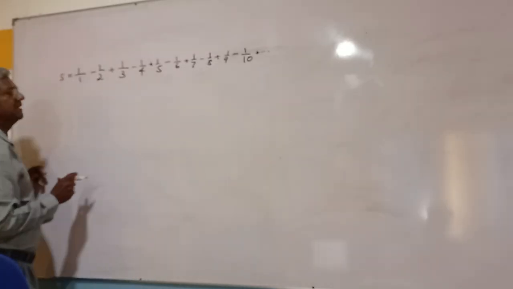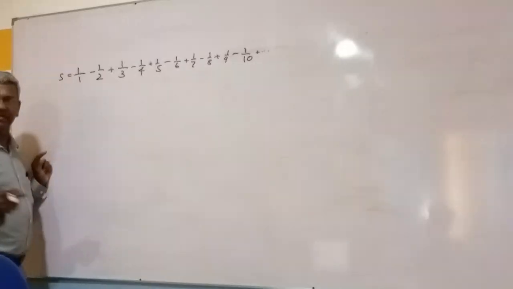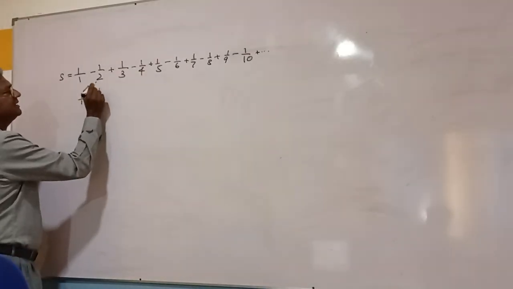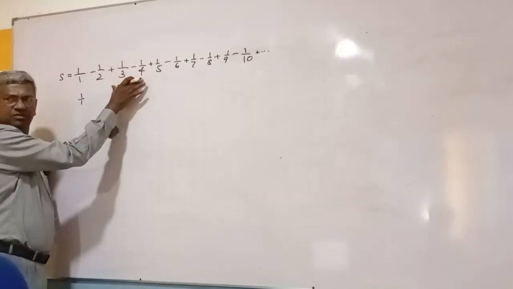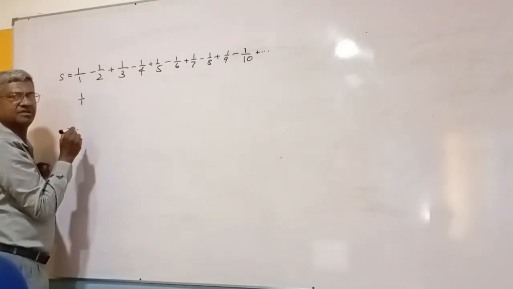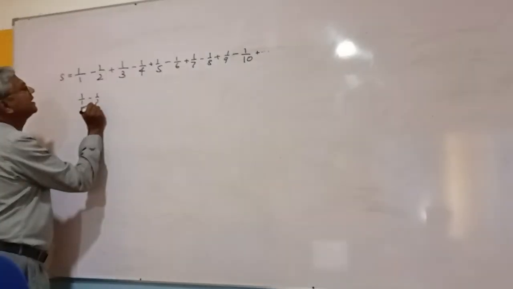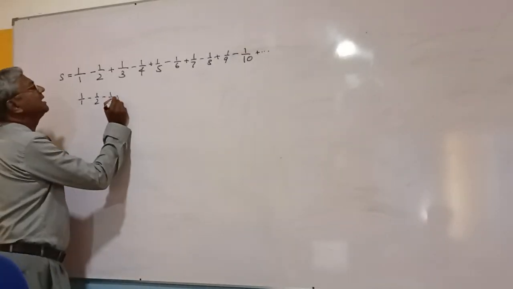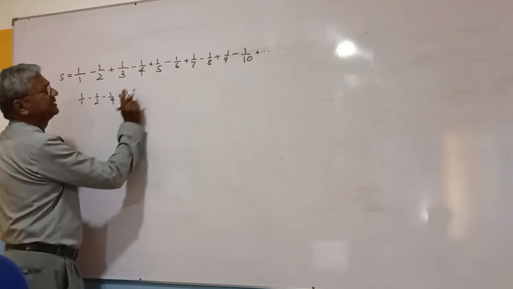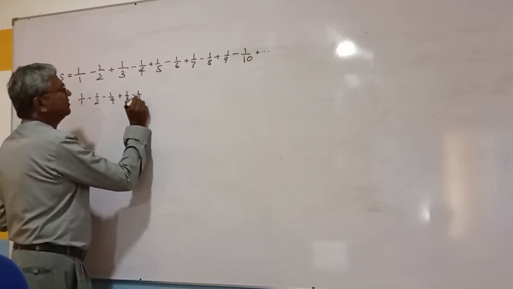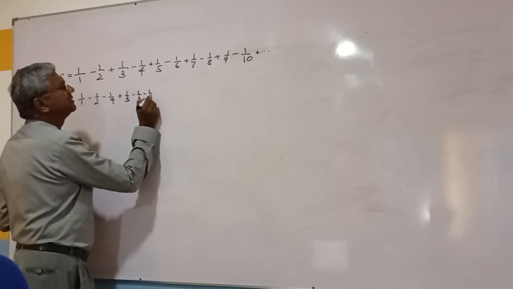Just to show you, now what I will do is take a rearrangement. The rearrangement is 1 over 1, then I write next two minus terms: minus 1 half, minus 1 fourth. Now I have 1 over 3, minus 1 over 6, minus 1 over 8.